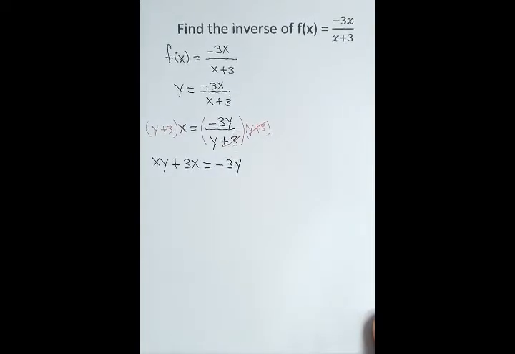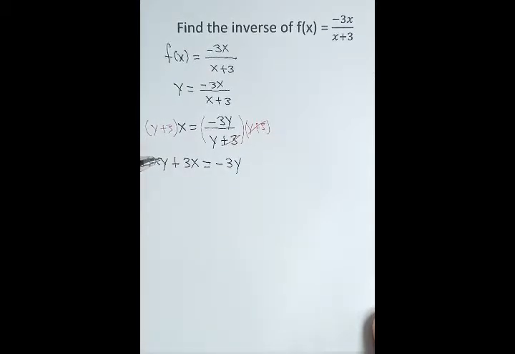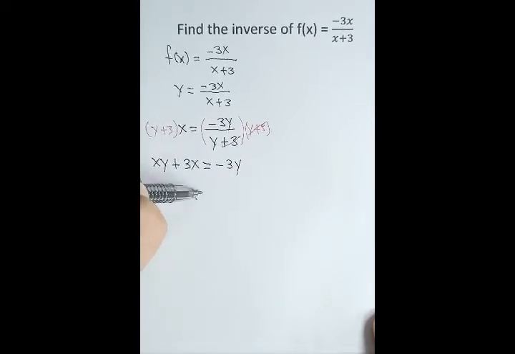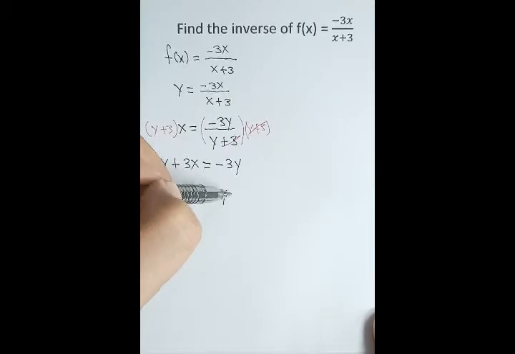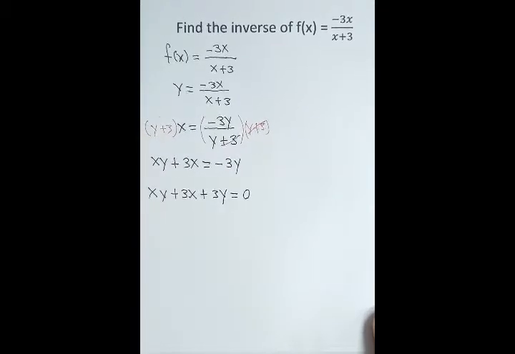Then atong i-transpose kaning negative 3y to the left. So you have xy plus 3x plus 3y equals 0.